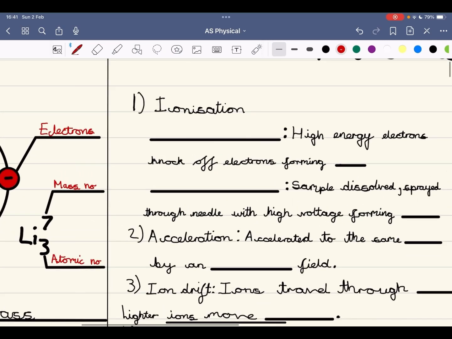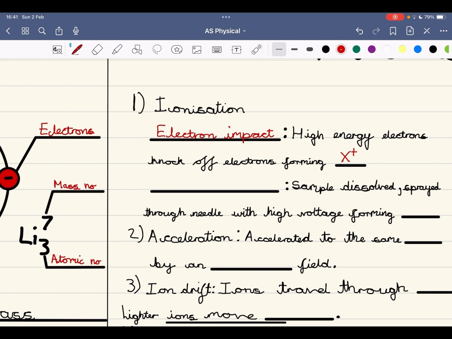So now to actually work out what the different abundances are of the isotopes, we use time of flight mass spectrometry. So you need to know all the stages for this. So the first stage is ionization, and there's two different types of ionization. So one is when high energy electrons knock off electrons of the molecule, and this is called electron impact, and this forms X+ ions.